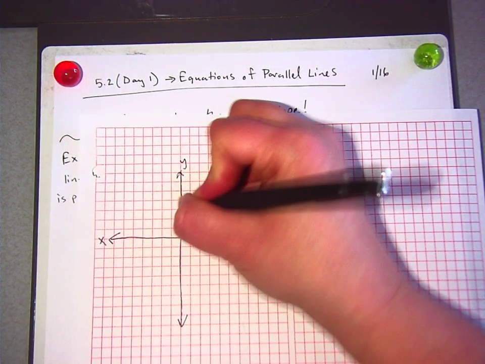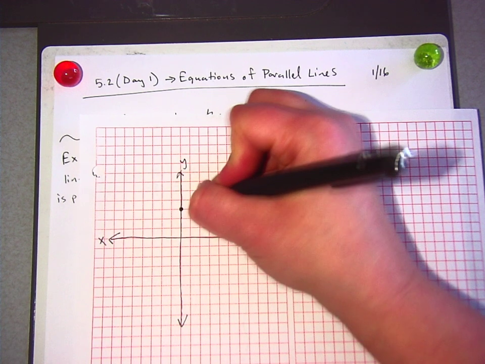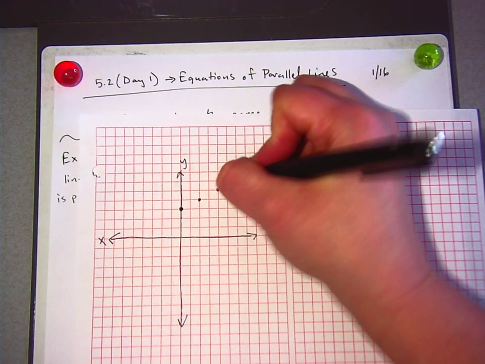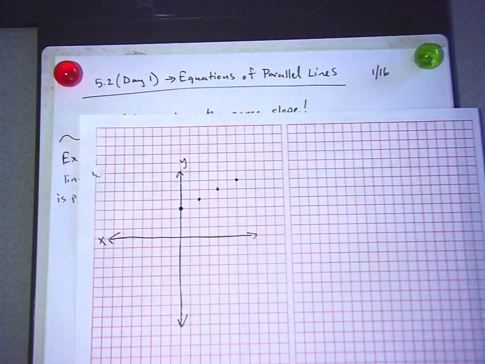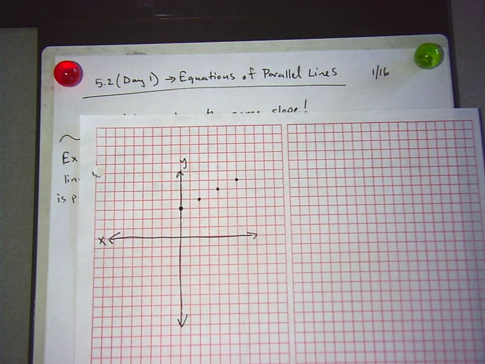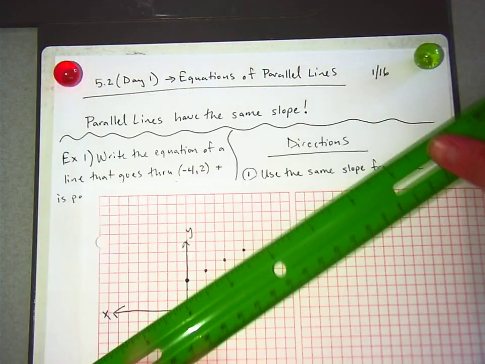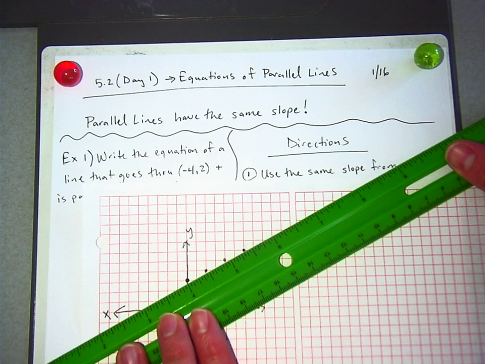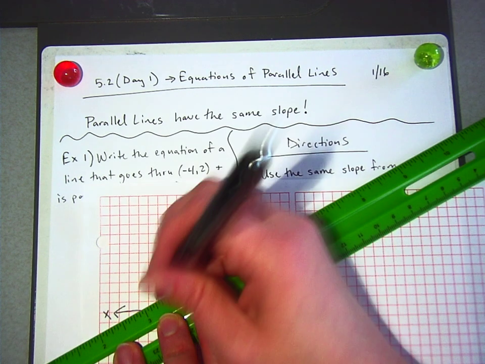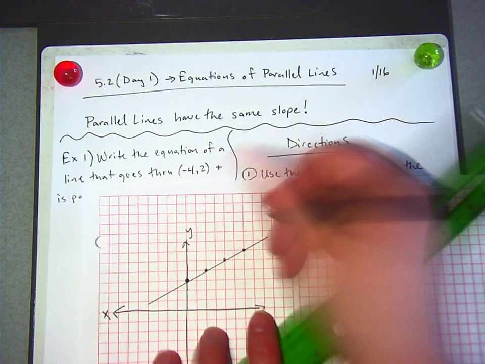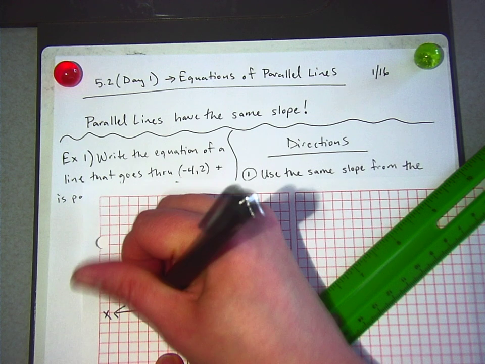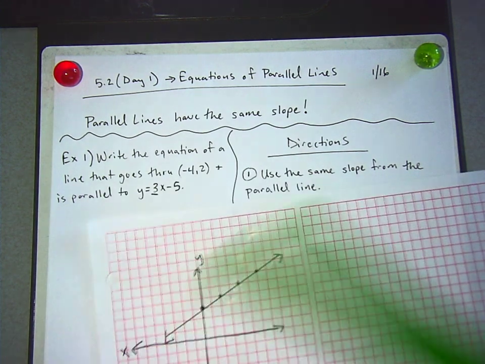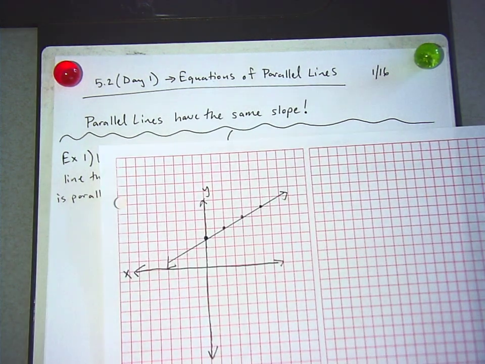So here's my line, I'm going to start at 3, go up 1 over 2, up 1 over 2, up 1 over 2. And I'm going to draw that in.